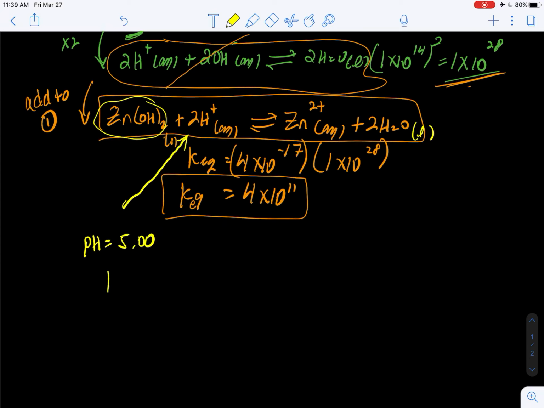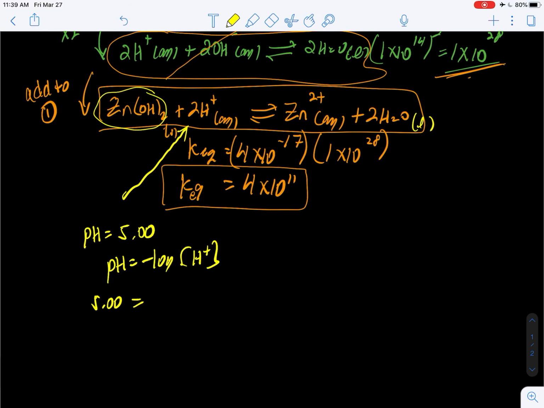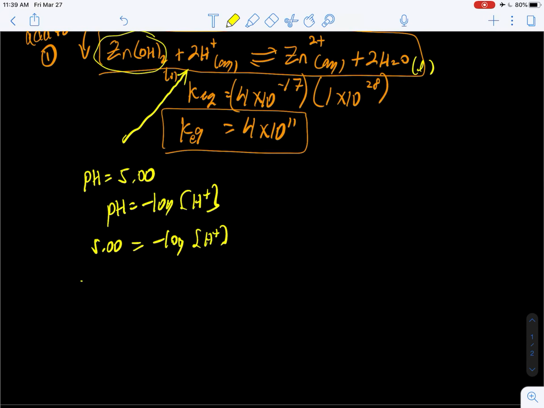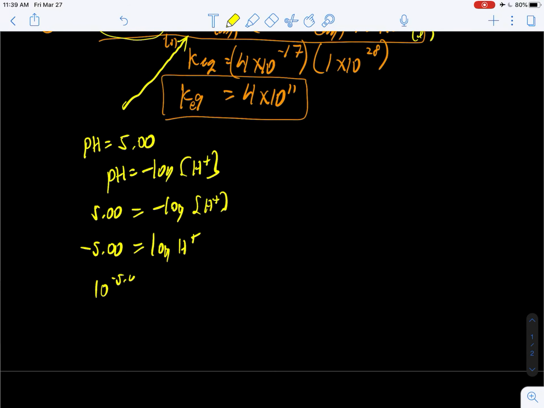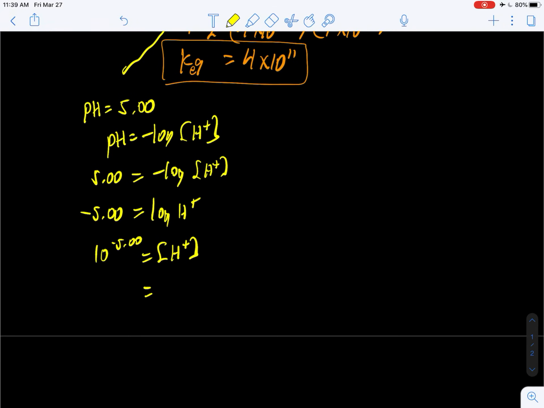So remember that pH is equal to minus log of H plus, and 5 is equal to minus log of H plus, or minus 5 is equal to log of H plus, and you can hit your anti-log button on your calculator, and you get H plus is equal to 1 times 10 to the minus 5, okay?